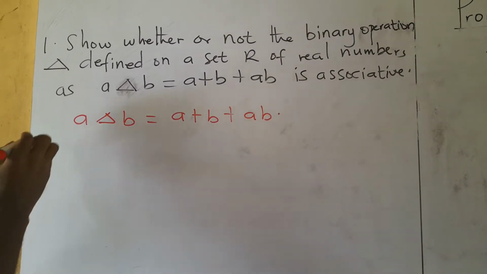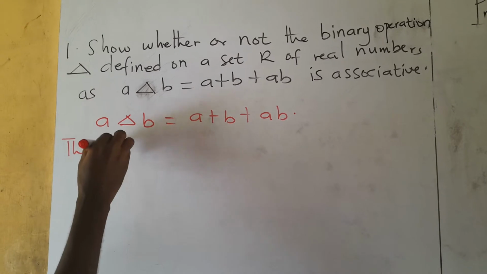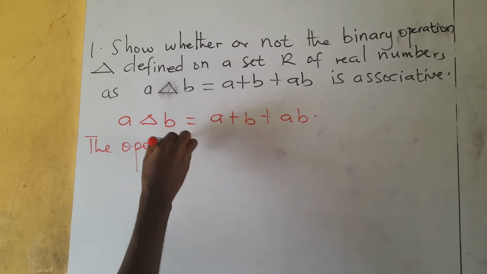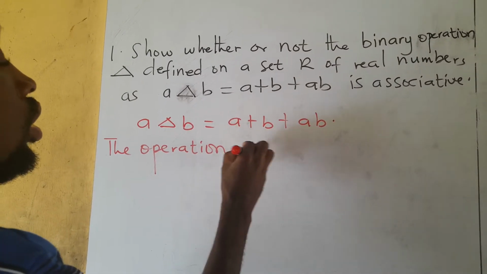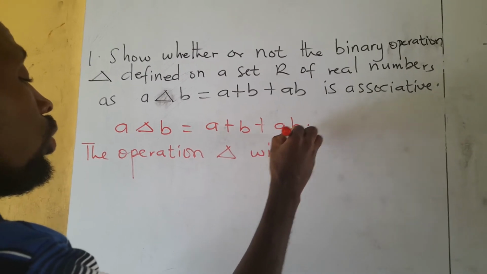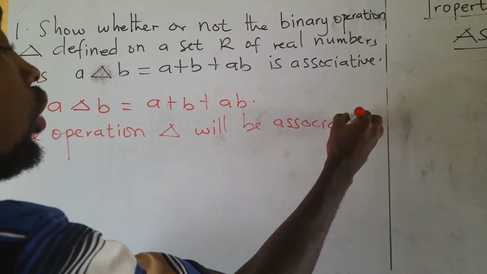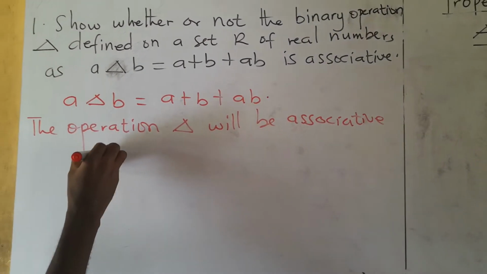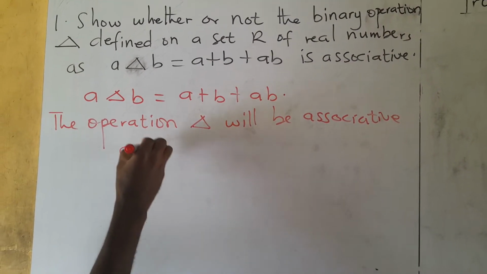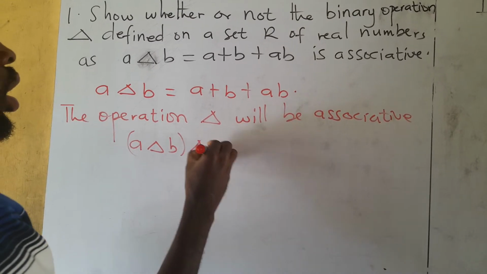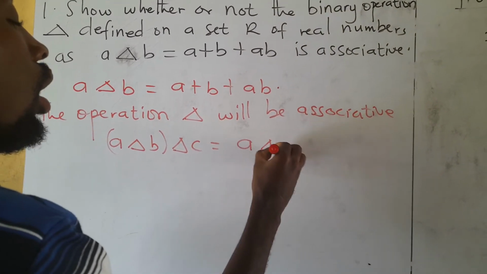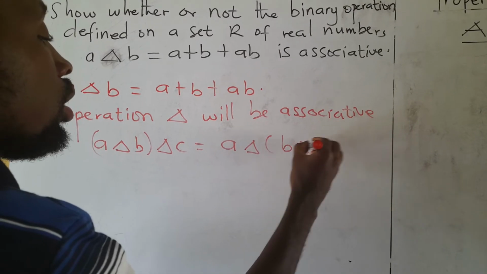We also say that the binary operation delta will be associative if what? If (A delta B) delta C is equal to A delta (B delta C).